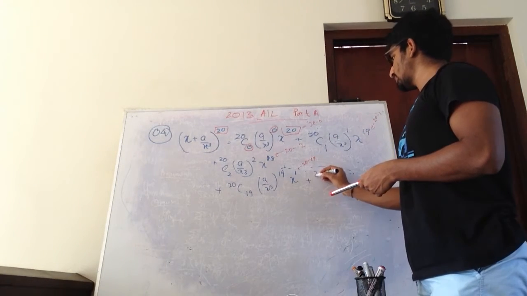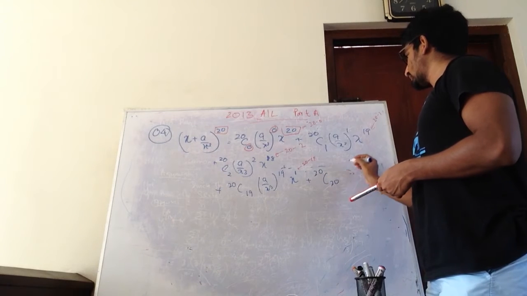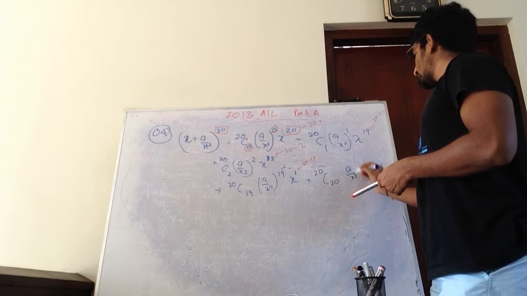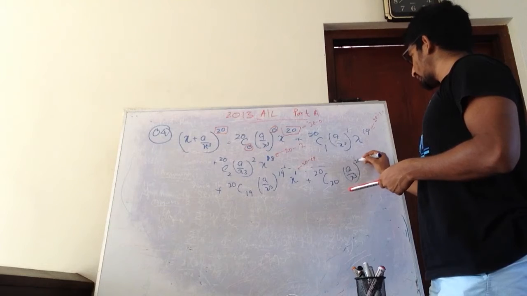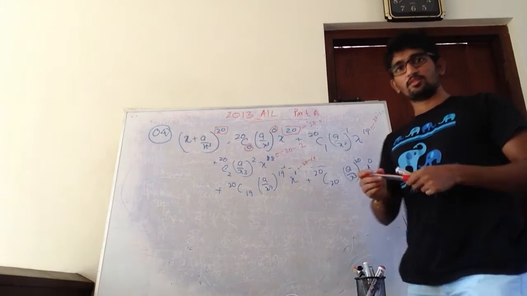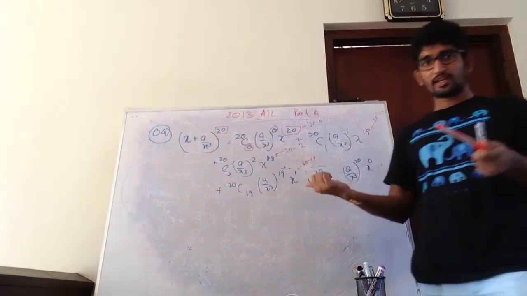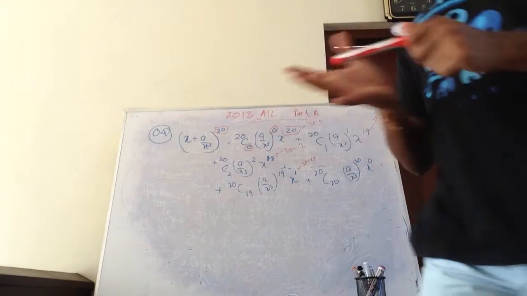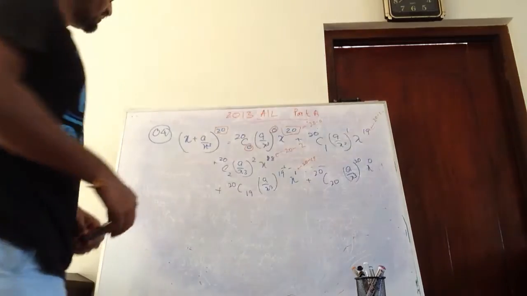And the 20th term will be 20C20 (a/x^3)^20 when the power of x is 0, right?